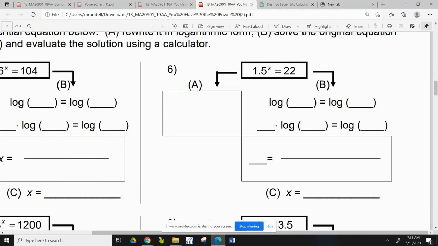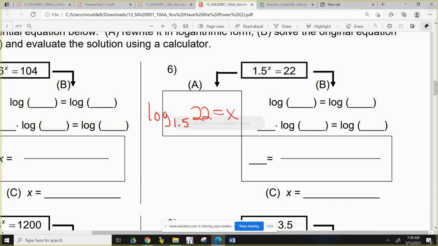If we're going to rewrite this one as a logarithm, the base is 1.5. The argument is 22, and the exponent is x. Remember, the goal of a logarithm is to isolate the exponent.